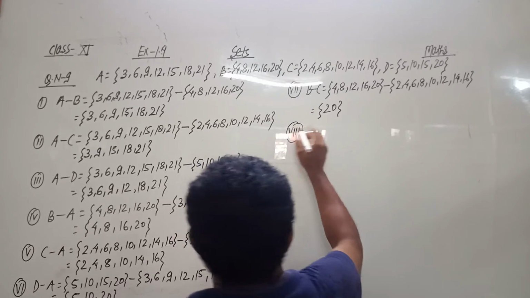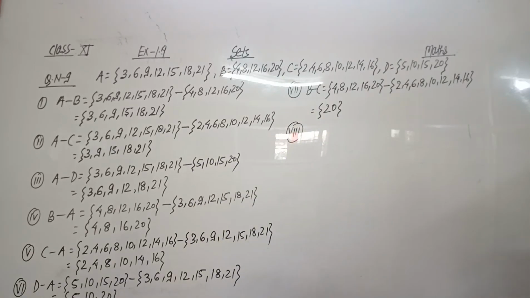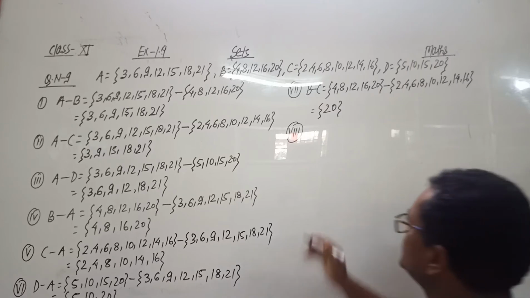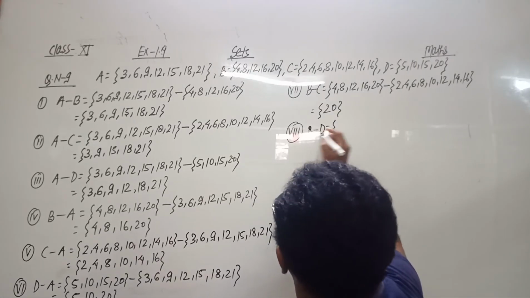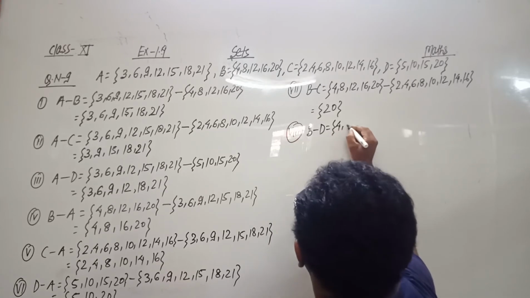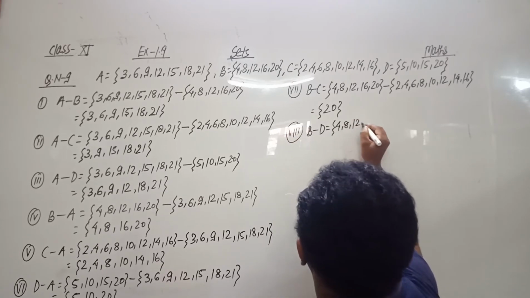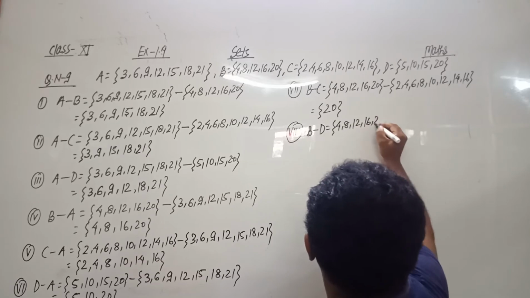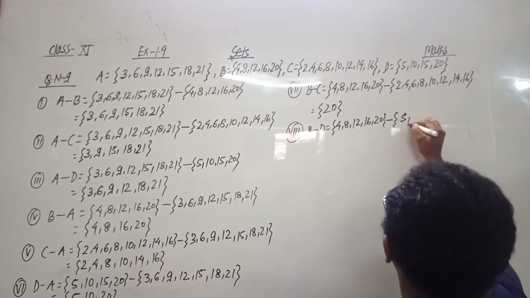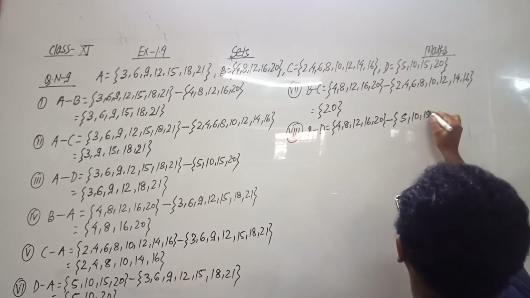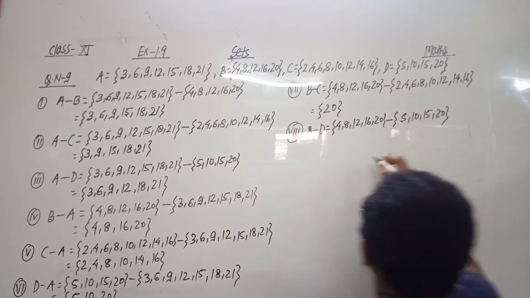Then part 8. What do we have to find? B minus D. B: 4, 8, 12, 16, 20, minus D: 5, 10, 15 and 20.